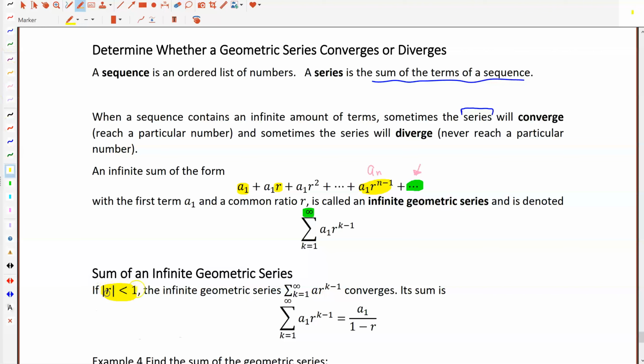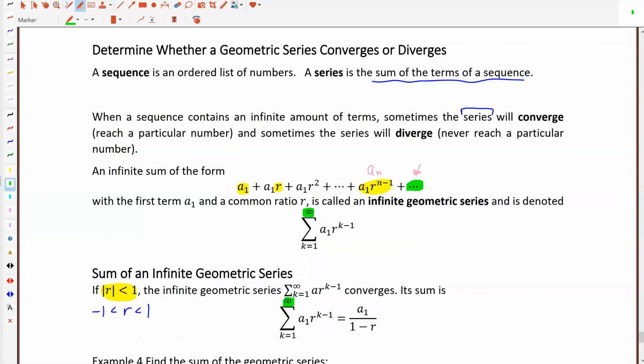If the absolute value of our common ratio is less than 1, and another way to say that, if r is between -1 and +1, then our infinite geometric series will converge. And we have a cool formula that tells us exactly what it will converge to. That sum is going to be a sub 1 over 1 minus r. So if I know my first term and I know my common ratio, I can figure out what this overall sum is when I sum through an infinite number of terms.